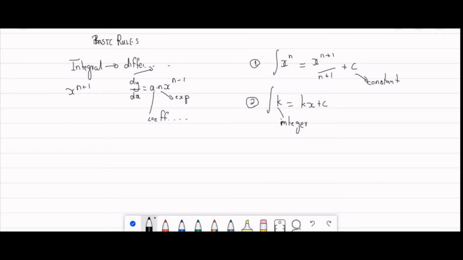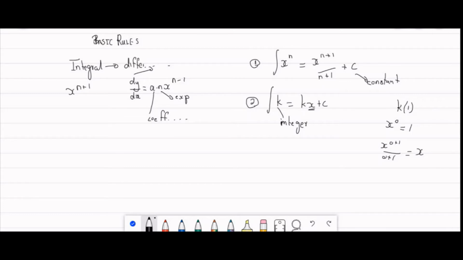If I have k only, it is multiplied by 1, and we know that x to the power 0 is equal to 1. Since we add 1 to our exponent when integrating, we say x to the power 0 plus 1 divided by 0 plus 1 is equal to x. That's why we have x when we are integrating a constant.